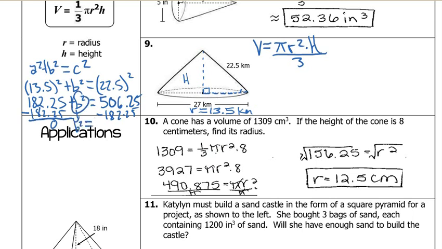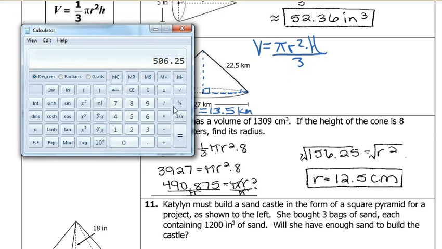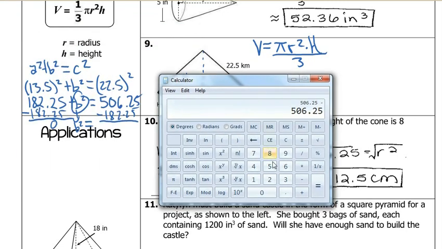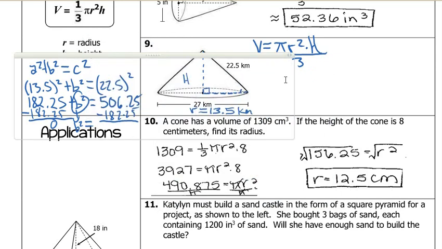It's equal to, hopefully we can see it, 506.25 minus 182.25 equals 324. Hey, look at that, 324. So b squared is equal to 324. So now I'm not done with this.